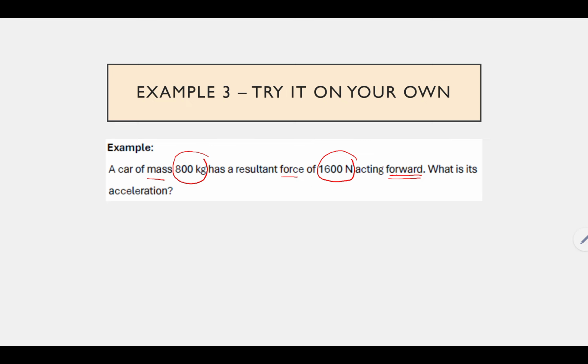But remember, check your units before you answer. I told you if it's in newtons, mass must be in kilograms. So we're good to go. So force equals mass times acceleration. Rearrange the equation where mass goes down here because I want acceleration on its own. So acceleration will be force over mass, which will give me 2 meters per second squared.